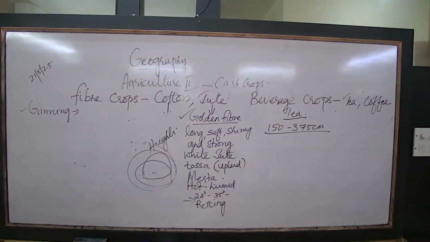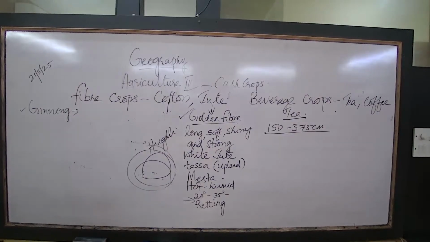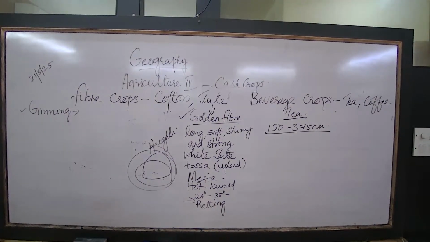Coffee is propagated from seeds or cuttings in a nursery, and after a few months the saplings are transplanted. Plants are positioned 3 meters apart, because it grows into a small tree, not so high, but more than a tea bush.